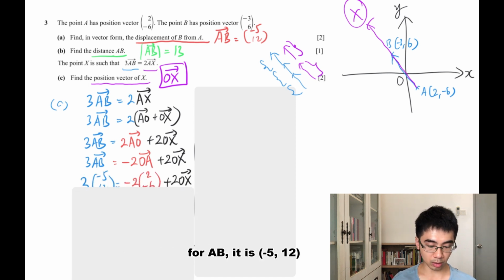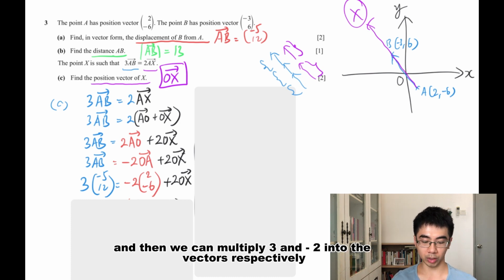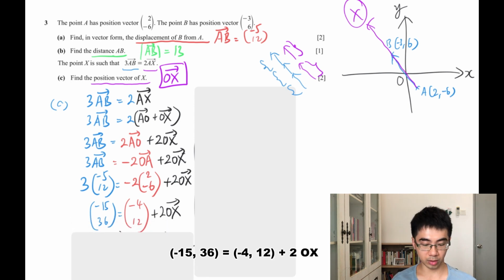For AB, it is -5 and 12 from part A, and for OA it is 2 and -6. Then we multiply the 3 and the -2 into the vectors. So we got -15, 36 equals -4, 12 plus 2OX.